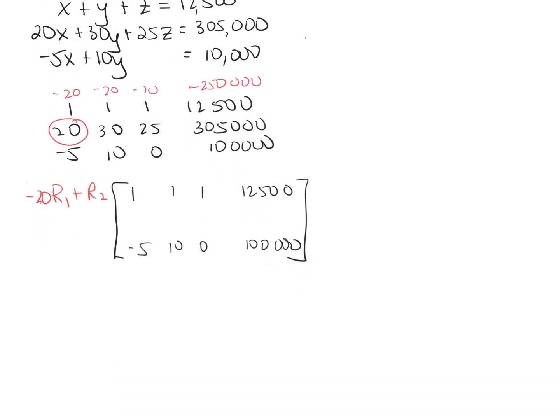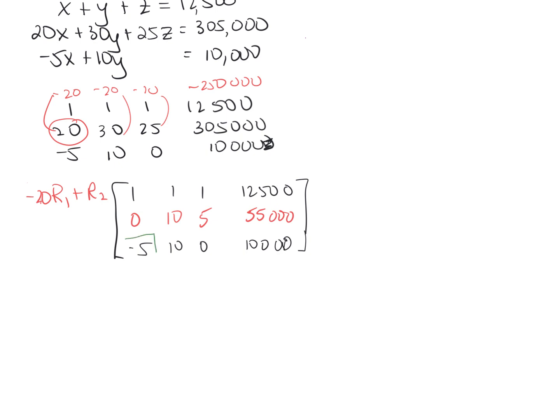That'll never get fixed. 10,000. Okay. Sorry about that. So if we do this, we'll have nothing. We'll have 10. We'll have 5. And then negative 250 plus 305 is 55,000.